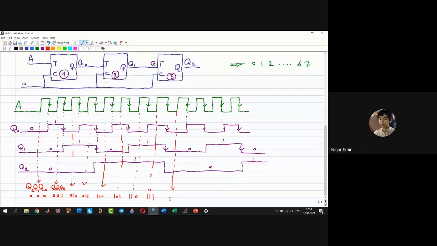Here? 0, 0, 0. Interesting. Look at here. Exactly 1, 2, 3, 4, 5, 6, 7. After reaching 7, again it is set to 0.